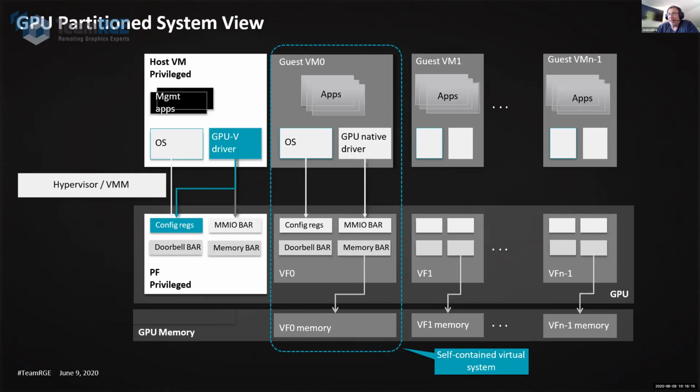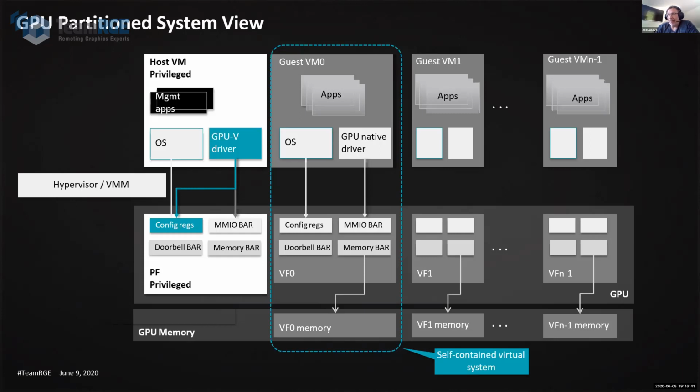But in the VMs themselves, if you look at VM0, we run the same native GPU Windows display driver as we do in bare metal. And that virtual device, the virtual function that's passed through to that VM, sees its own bars, its own MMIO, its own memory, its own frame buffer, and each VM is passed through a virtual function.